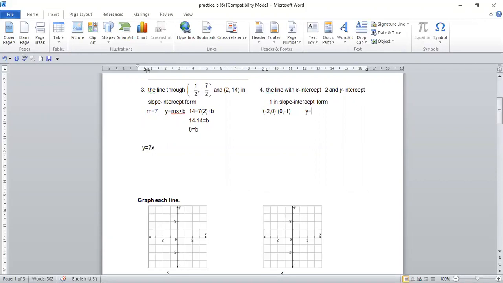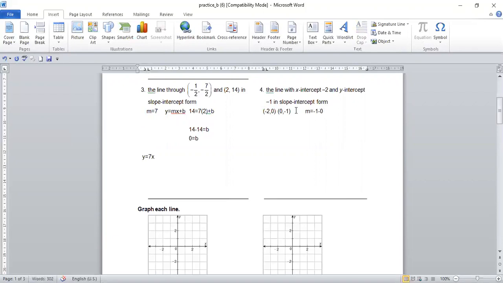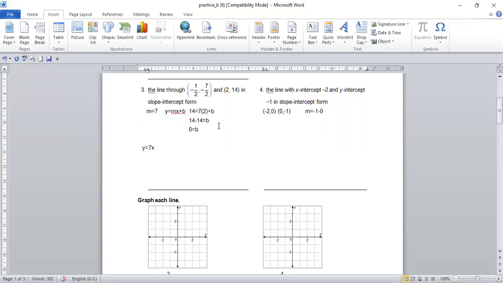So m is going to be equal to y2, that's -1 minus 0 over x2 is going to be 0, right? 0 minus -2. So minus minus 2 will basically result in plus 2.